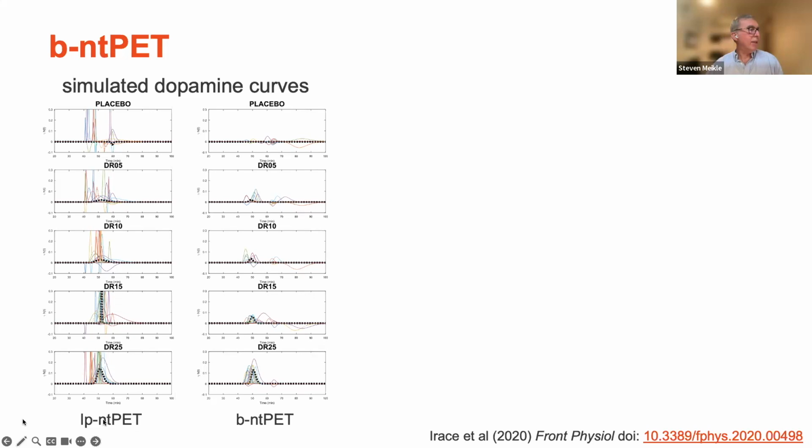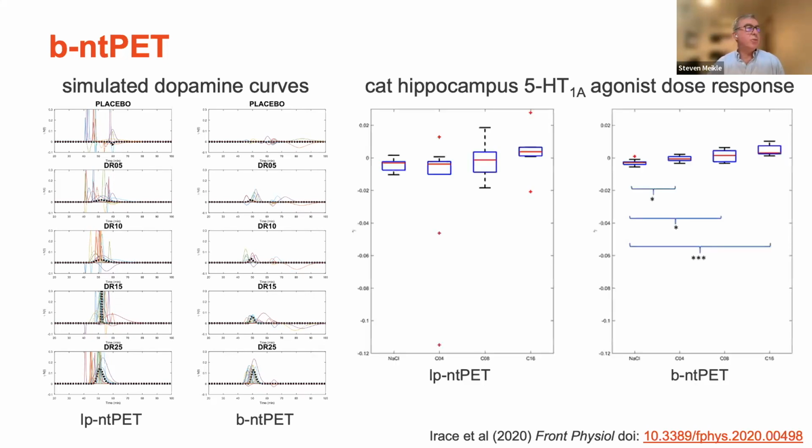So we've got the LPNT-PET results. This is vintage LPNT-PET on the left with the Bayesian method on the right. And they had a number of simulated dopamine challenges of increasing magnitude as you go down the column, just showing that they achieve more reliable and more precise estimates of the dopamine curves using the Bayesian approach.